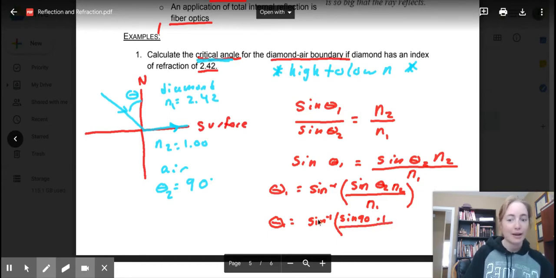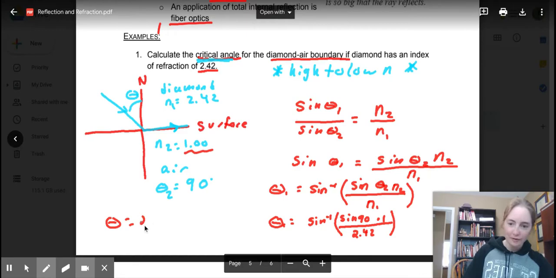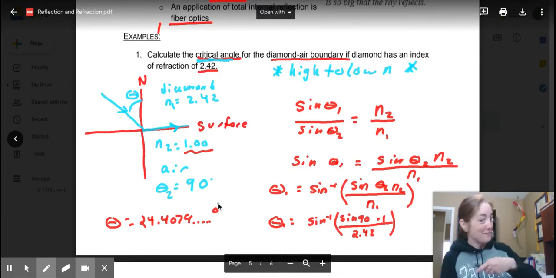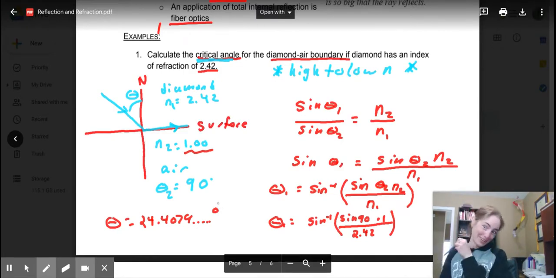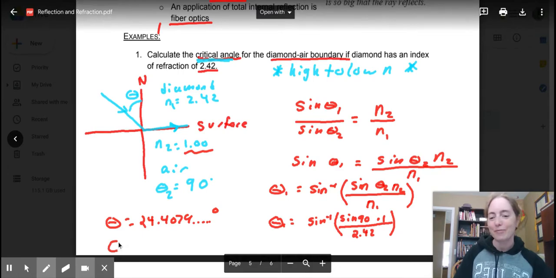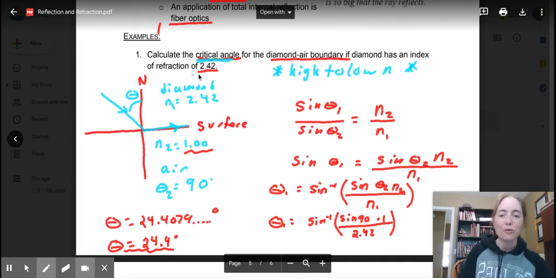That's my value of N2. And then we're going to divide that by 2.42, which is N1, which is going to give me the value of 24.4079 degrees, assuming your calculator is in degrees. And with our 3 sig digs, we're going to have 24.4 degrees.